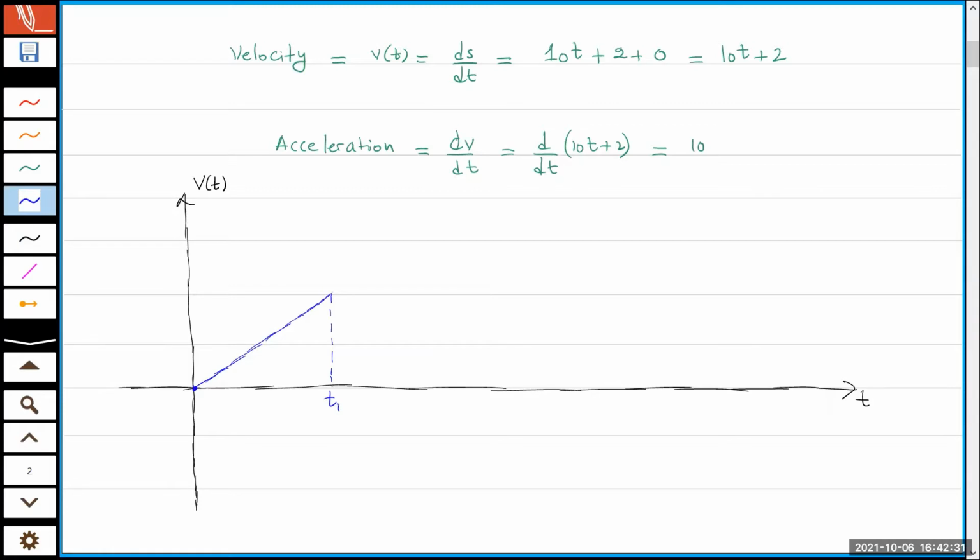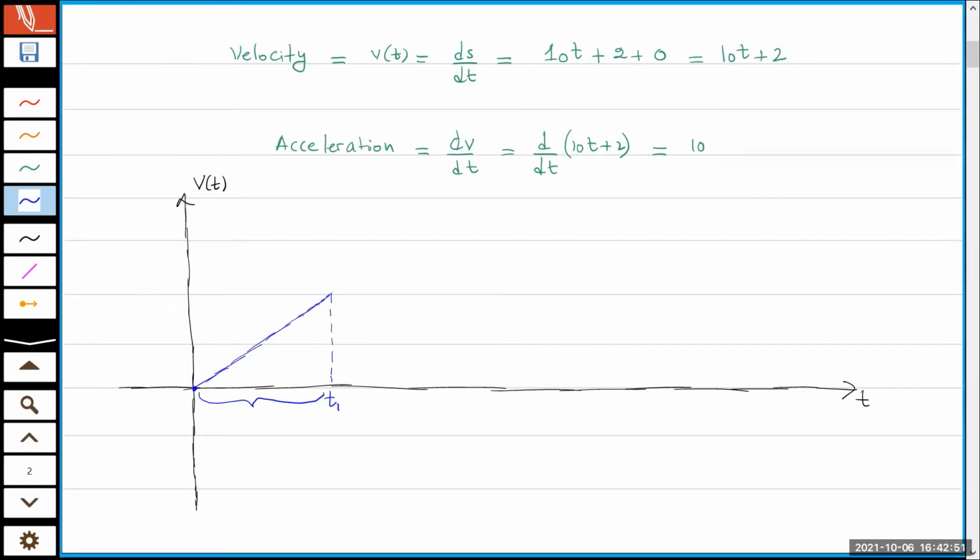Let's try to guess the motion. Because I'm above the t-axis, that means my v of t is positive from t equals 0 to t equals t1 in this range of the time t. And my velocity is also increasing as I move from left to right along the time variable.